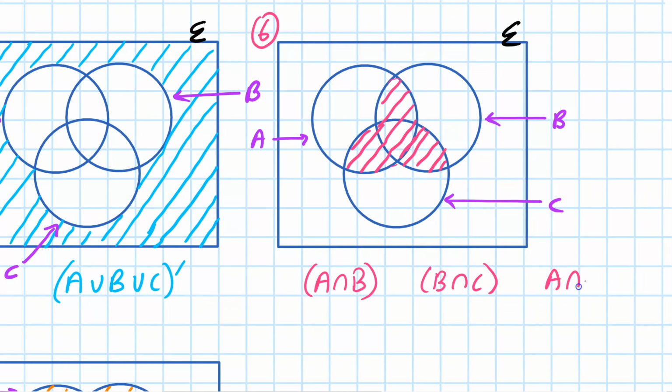You can write this one A intersection C or C intersection A. Then you apply, okay, I need the union. I want to put them together. That's how you form this particular flower shape.